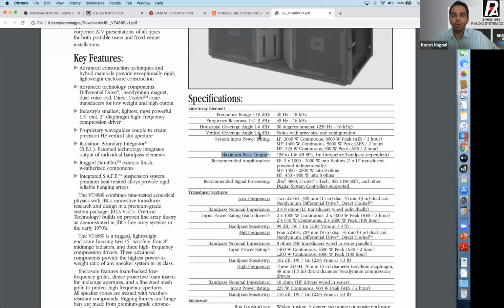Of course, I've seen a lot of boxes and a lot of companies mentioning a very high value. For example, there's one subwoofer by Martin, and they claim to be 150 dB SPL on the subs. And I somehow find it hard to believe, and that's what they've been using to market it.